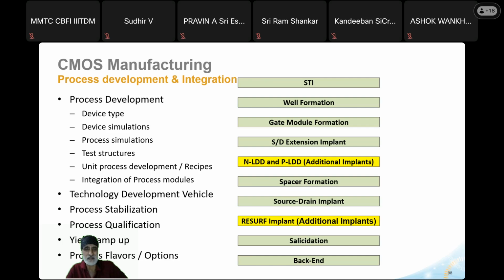Some particle may be sticking, which may not go with water, which may not go with base. It will only go with some acid. Those are all standard things, how to clean, with enough experience from the past 30, 40 years in this industry. So all these things have been standardized.